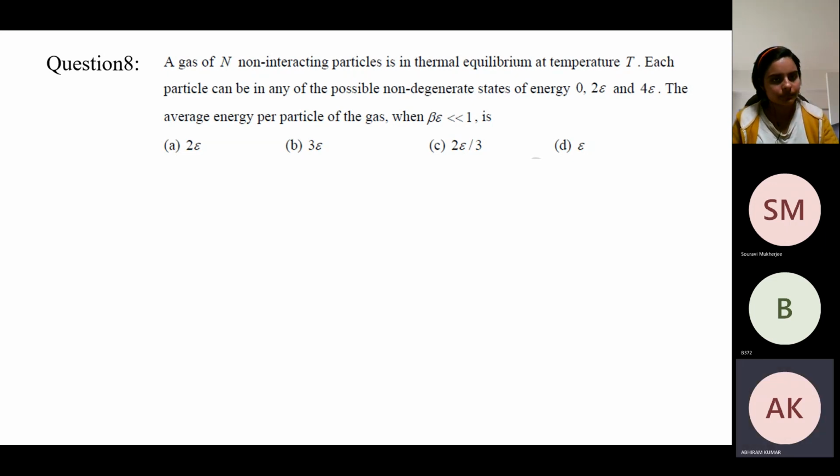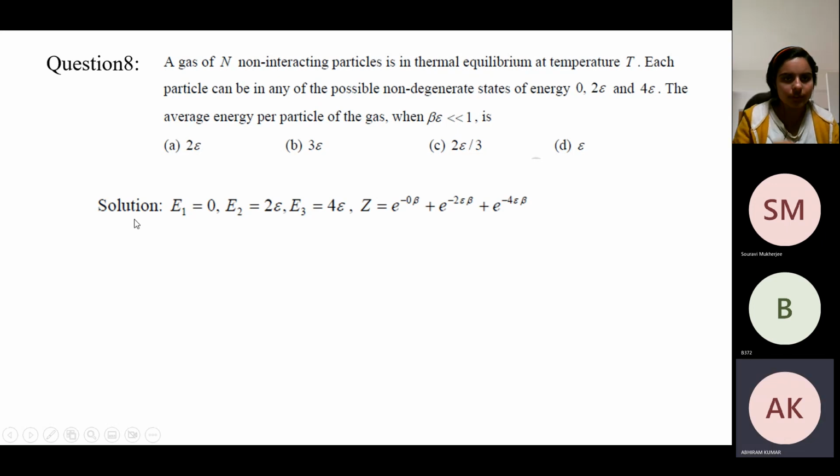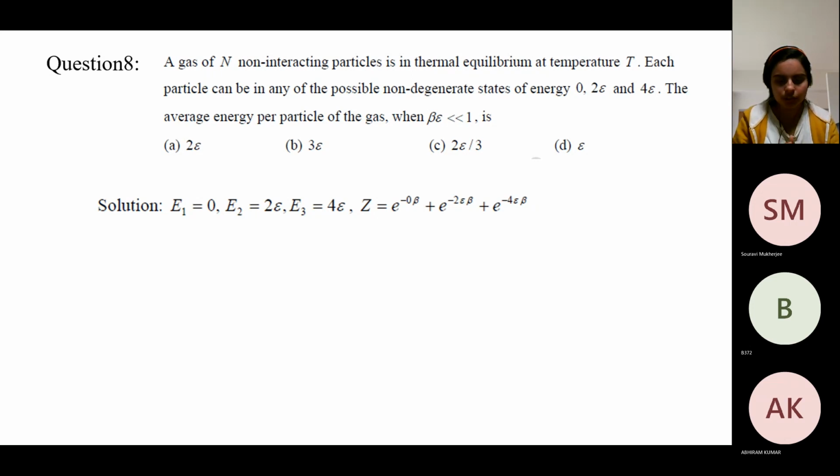Please explain again, ma'am. So when you have to find any average, when we were finding the average of position, what were you doing? You were doing the integration of x p x dx, right? That means you are multiplying the value of that parameter with the probability of being in that value.